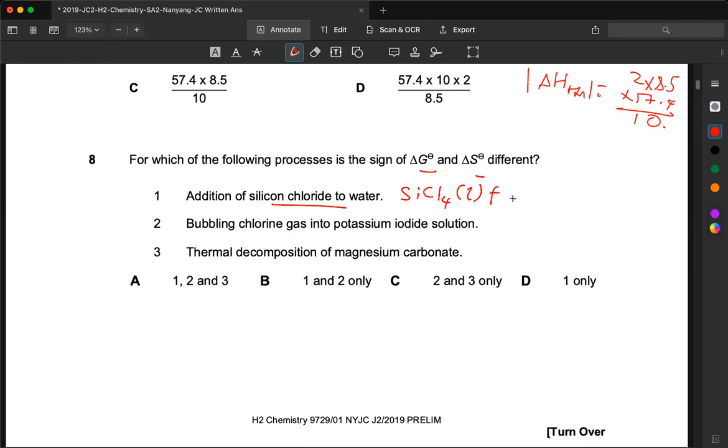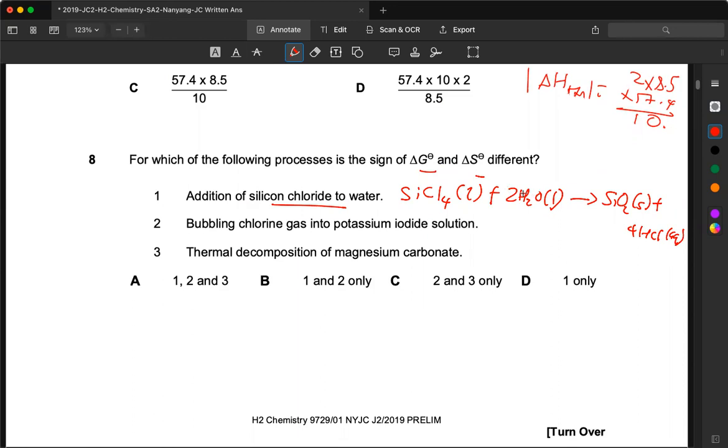You must write the state symbols for clarity. So silicon chloride is actually liquid. When water is added, it forms silicon dioxide solid plus 4HCl.